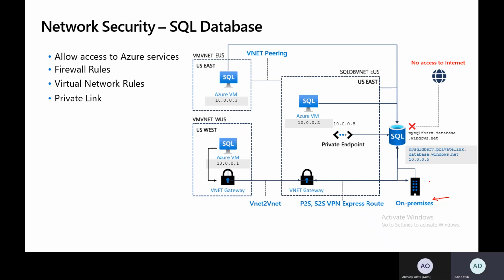So they have everything in their building. Now, this time around, they now have what we call Azure offering. So, see what they have deployed. Azure VM, SQL Azure VM, SQL Azure VM. Okay.